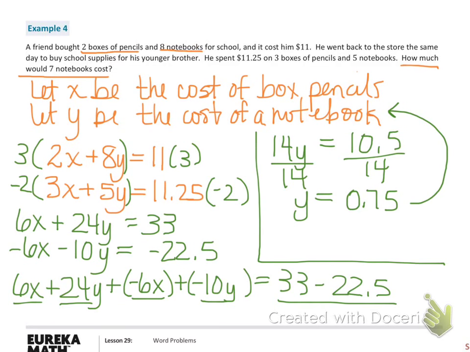So, 2 things I might want to do here. One thing I should do is go back and check. I could go back and find out what the cost of a pencil would be by taking 0.75 and plugging it in here to find out what the cost of a box of pencils would be.